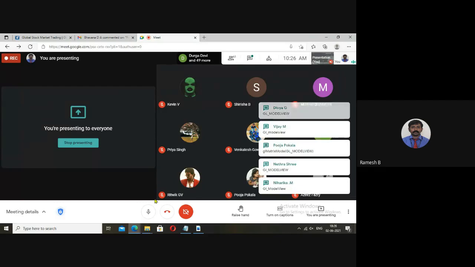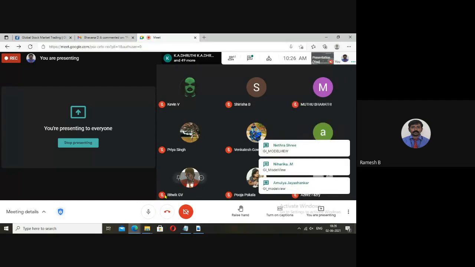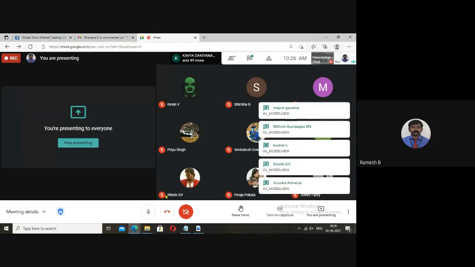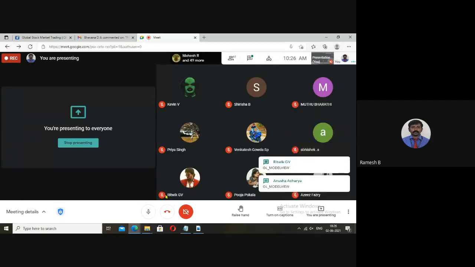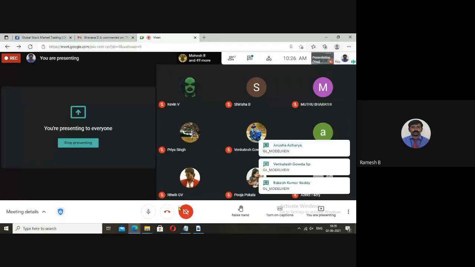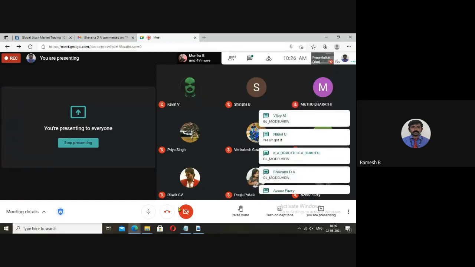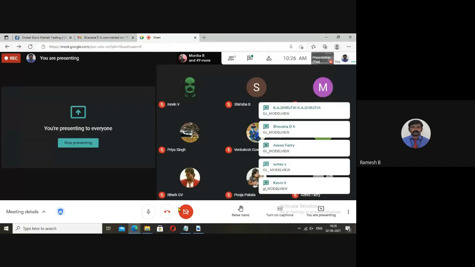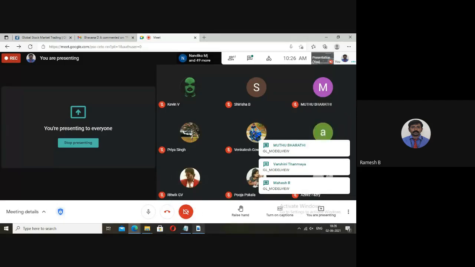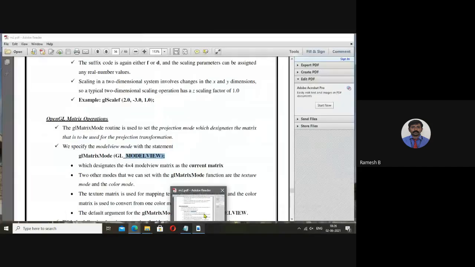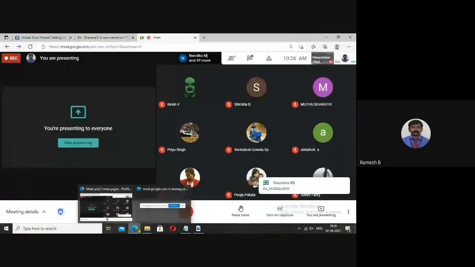Vijay, it must be written in capitals. Amulya, GL underscore model view must be written in capitals since it is a constant. Good, every one of you.